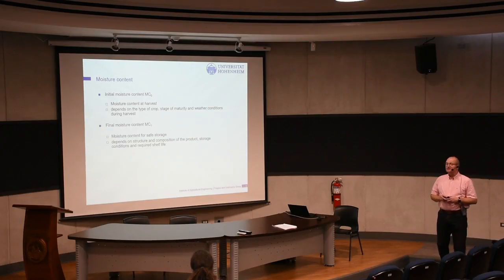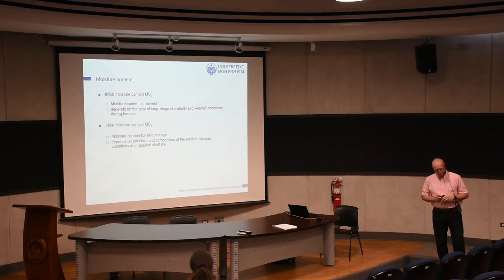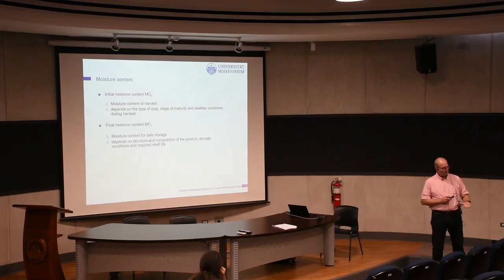But not so for fruits. They are fresh, high moisture content. Okay, and we have a certain final moisture content, and this is very important to know. What is my target moisture content? How deep do I have to dry down my material for a safe storage?